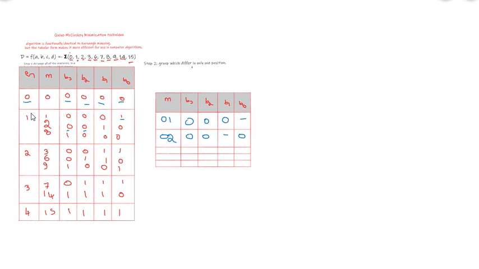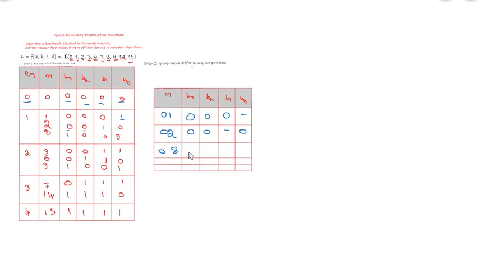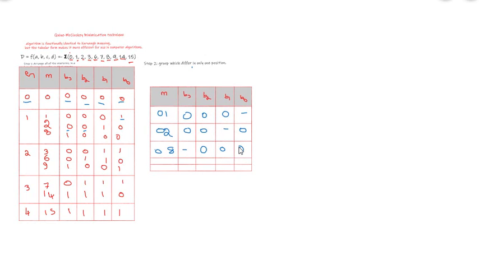Then we go with the next term, 0 and 8 comparison. Here the first bit differs, and the other three are 0. So in 0 8, the first bit is a dash and all three others are 0. We put a check mark for 0, and also for 1, 2 and 8. These are the terms we have taken in the second step.